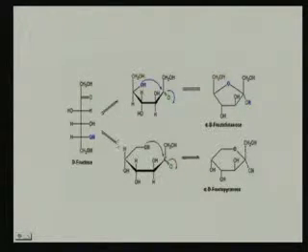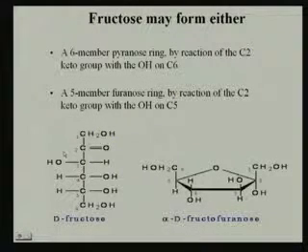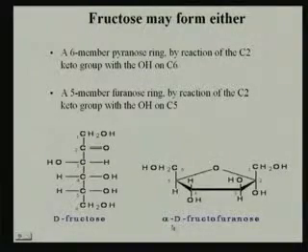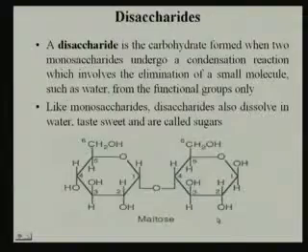And this is the structure, that ring formation with the glucose and the keto group. Now, here you see a 6-member pyranose ring by the reaction of the C2 keto group with the OH on C6, and a 5-member furanose ring by reaction of the C2 keto group with the OH on C5. So, this is the alpha D-fructofuranose. What I have told you here, the same thing is that alpha D-fructofuranose structure.